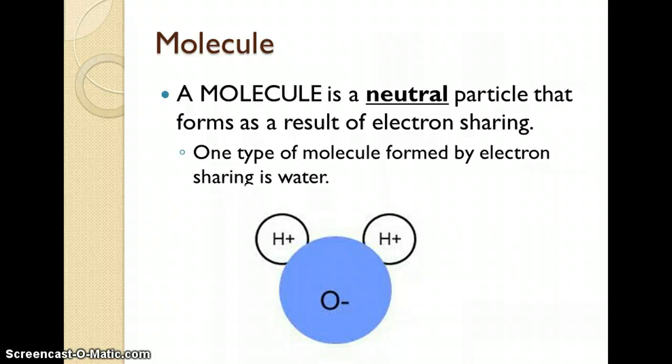Next is a molecule, and a molecule is a neutral particle that forms as a result of electron sharing. So basically it means that it has no overall charge. Here it shows you little semi-charges that are formed by the sharing of the electrons, but the overall charge of a molecule is neutral. It's not an ion. One type of molecule formed by electron sharing is water.